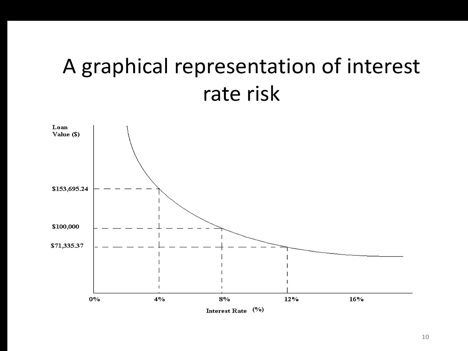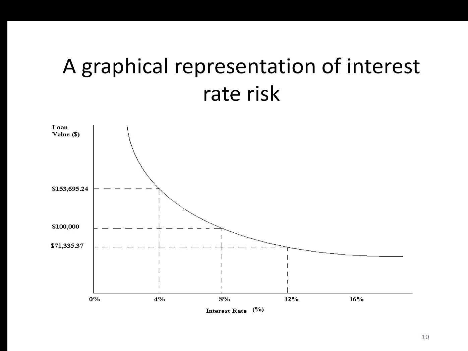If the market interest rate increases to 12%, then the future cash flow will be discounted at 12%, which is only worth $71,335.37. It is lower than $100,000, the loan amount the lender gave to the borrower. So the lender suffers a loss here.